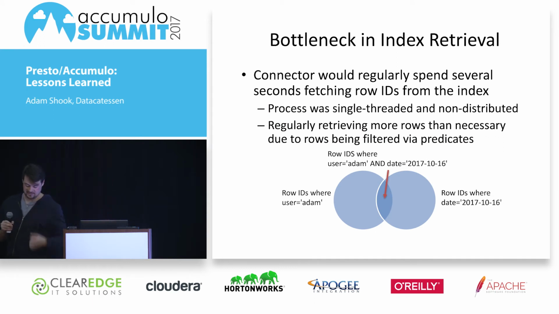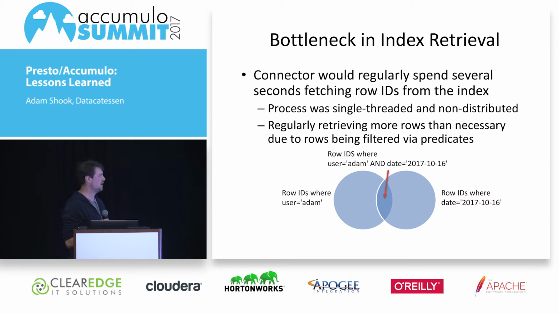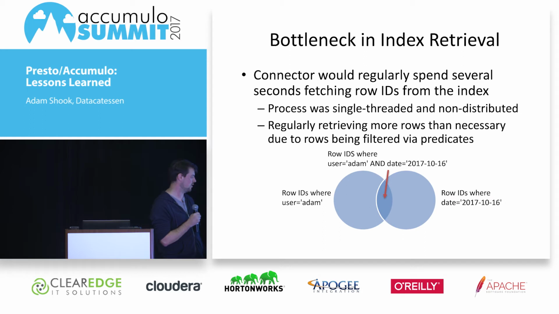Next, we're looking at index retrievals. So the connector would regularly spend several seconds fetching row IDs from an index. Here you have a query, a little Venn diagram, where on the left we have all the row IDs where the user is Adam.